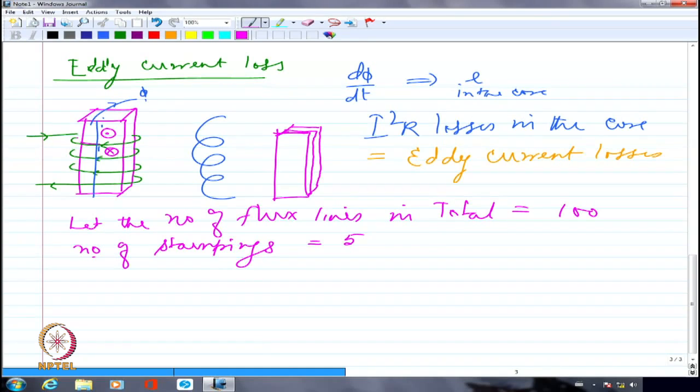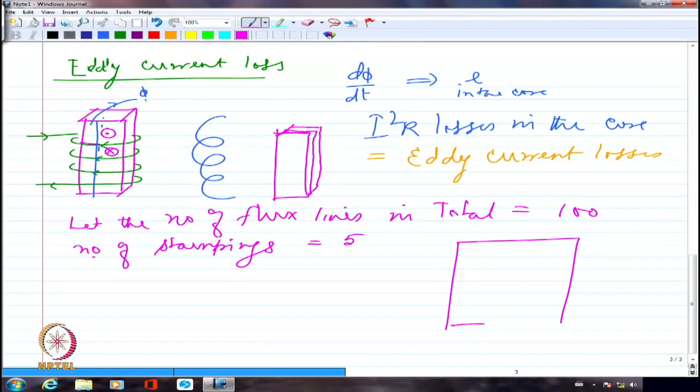See, you want to have the flux lines intact. If I say that the overall core is somewhat like this, I want these 20 flux lines to all flow through this like this. I want to have the flux lines intact. I don't want to interrupt them, whereas I want to interrupt fundamentally only the current. Got it?